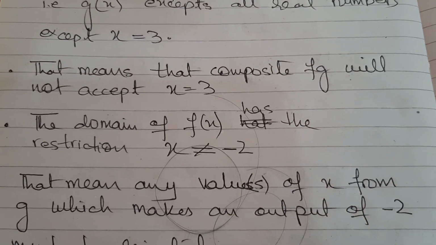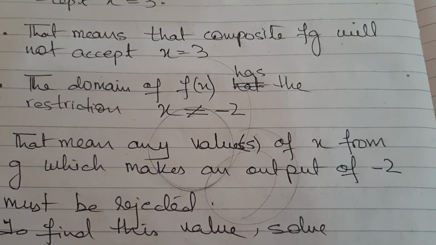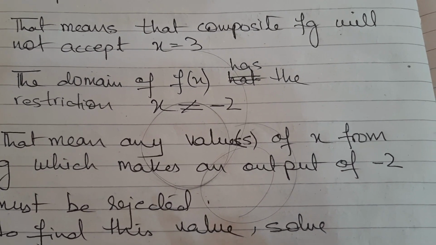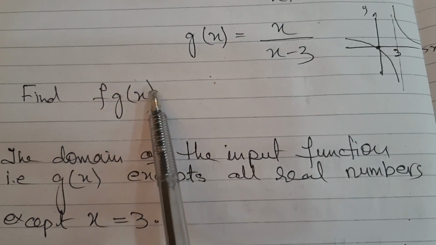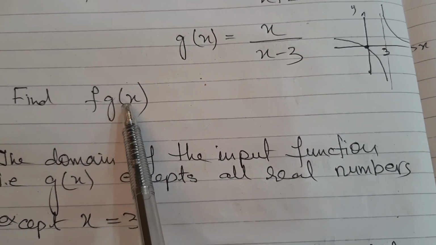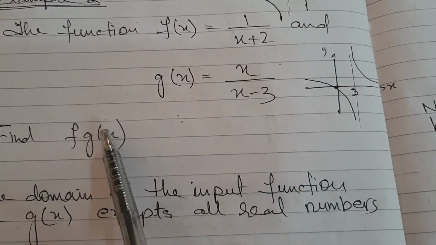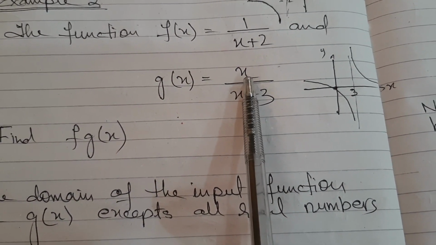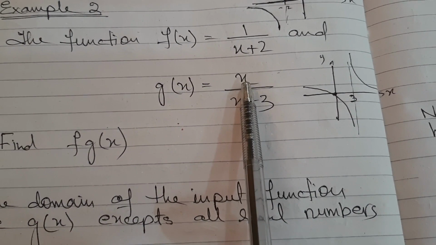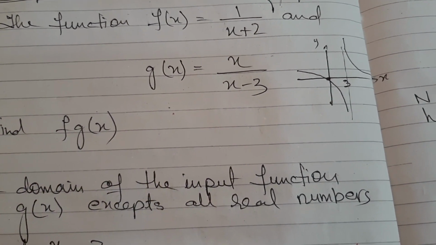Okay. So now if we have to find the composite function, which is f of g, the output of g will become the input of f, right? So what are those values of x here which can give me the result minus 2, because those answers I cannot take. I'm repeating what I have said.